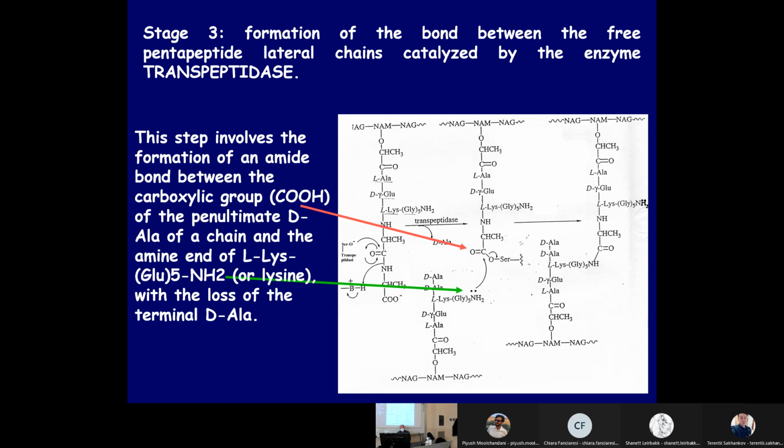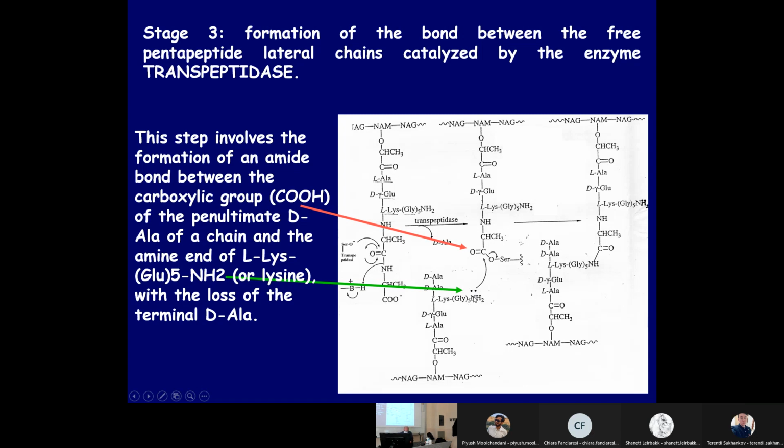There are important chemical considerations that we have to do. Here you can see the last two alanine residues. And here you can see the lone pairs of the amino group of the pentaglycine bridge.